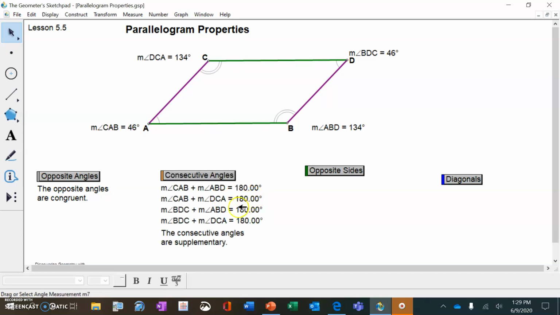They add up to be 180. Every one of these pairs of consecutive angles adds up to be 180. So therefore, conjecture number 42, consecutive angles of a parallelogram are supplementary.